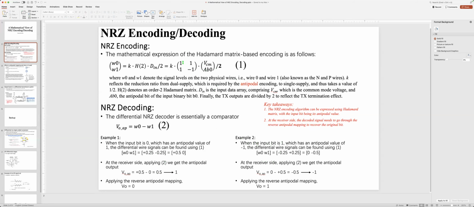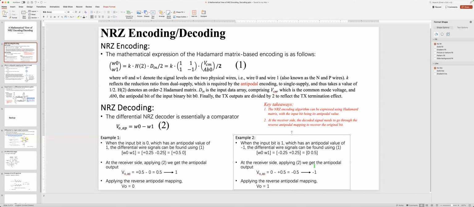We will get -1 on the top side, then divided by 4, we get negative quarter, and the positive quarter for Y1, which corresponds to a swing of... I think there's a mistake here. Sorry. It's actually plus half volt.